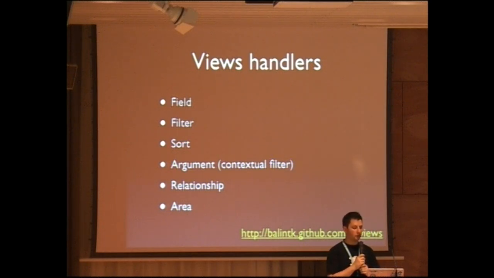If you go to the Views handlers folder, you can see what kinds of filters Views already uses, see how Views does it, and extend those classes. That's actually the easiest way to learn how to write a field handler.